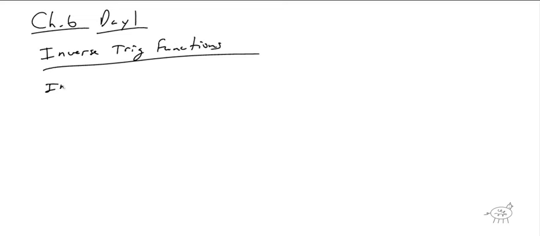So if I just talk about it in general, which you guys already know, when you want to have an inverse function, you basically exchange the x and y values.